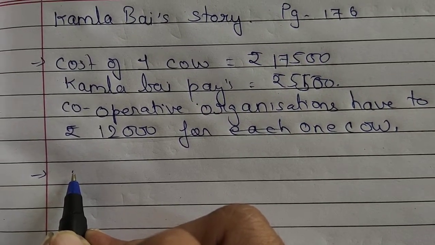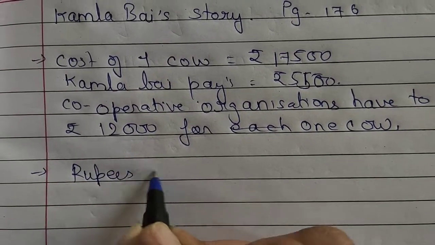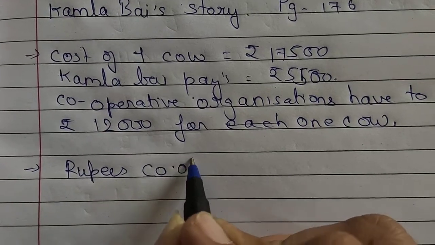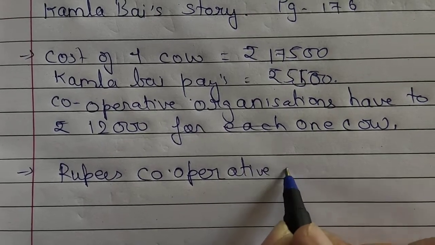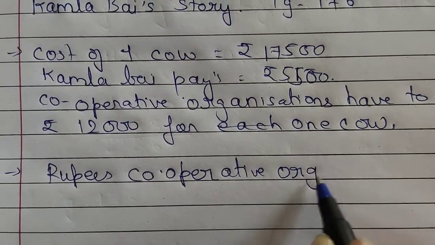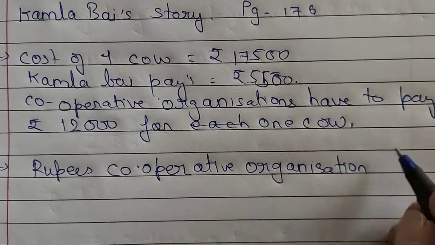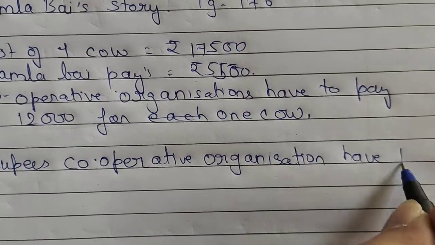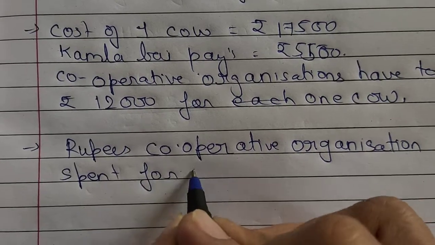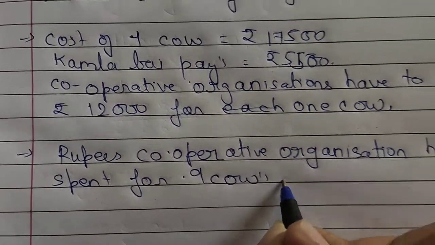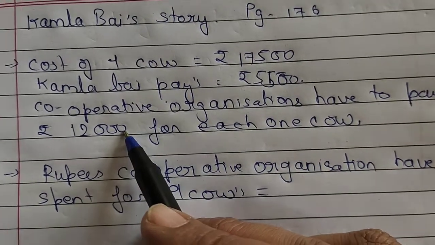Rupees, cooperative organization for 9 cows is equal to, for 1 cow they are supposed to spend 12,000.